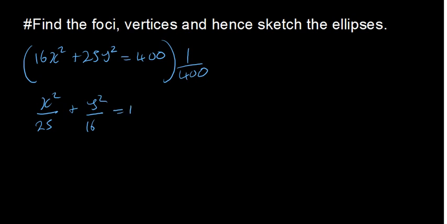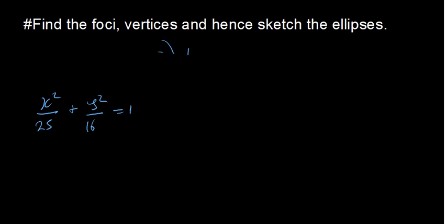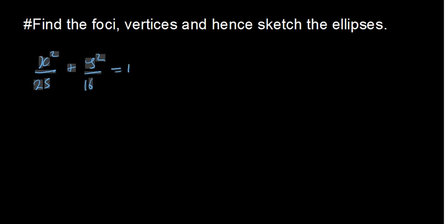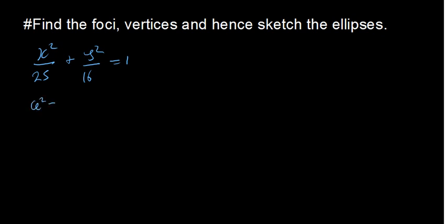So now we can go ahead and find what the question is asking us to find. Here we have to find the foci. We observe that our a squared is equal to 25 and our b squared is equal to 16.